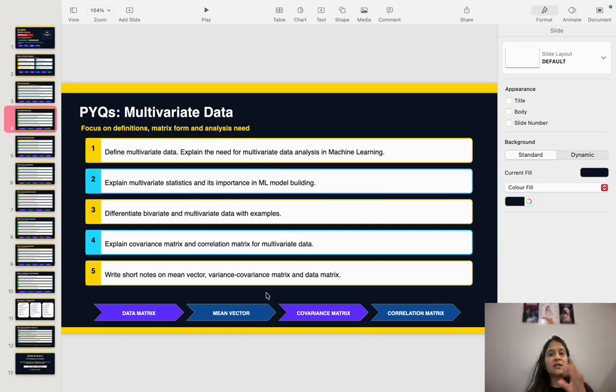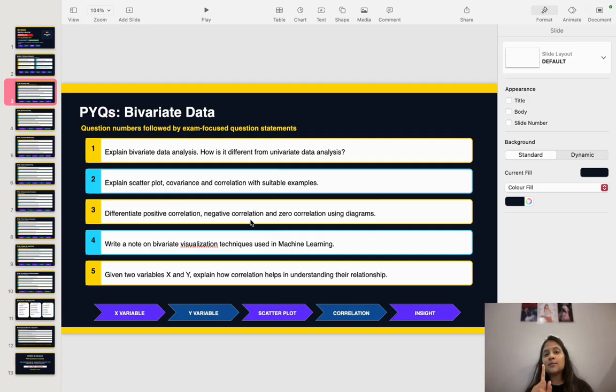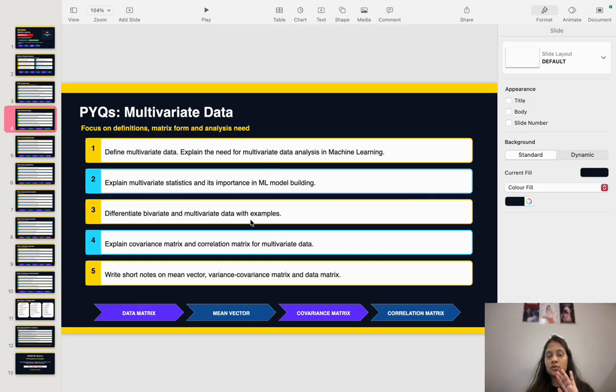You have to understand the definition, what it is, and an example. And here you can see the third question, it is asked again: difference between bivariate and multivariate data with example. So the first concept I said to read is bivariate data. You should not skip that. Next, multivariate data you have to read.